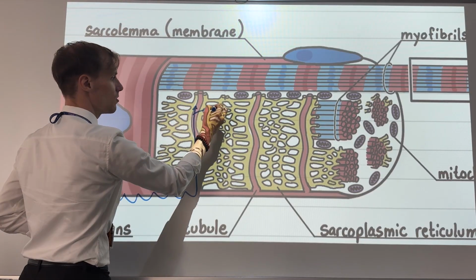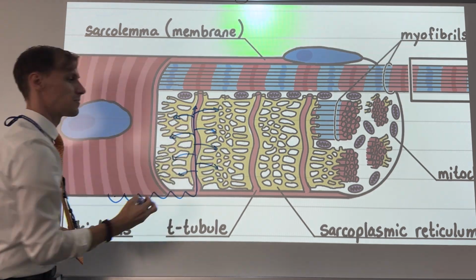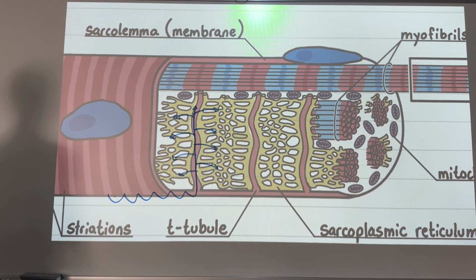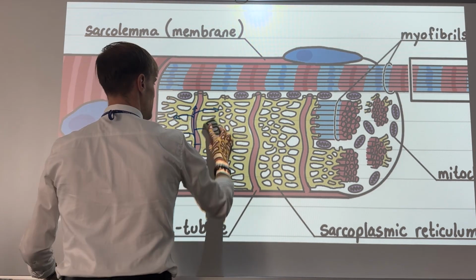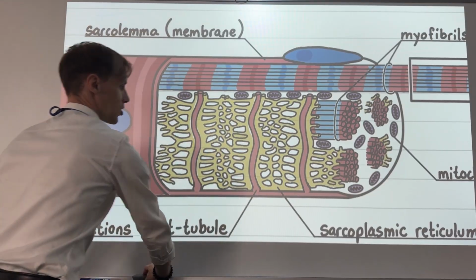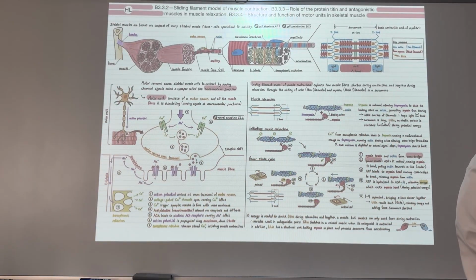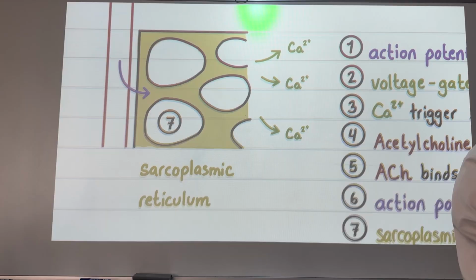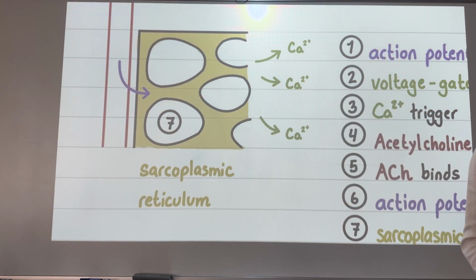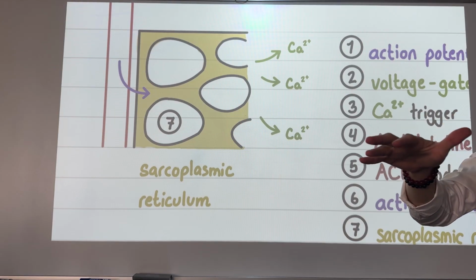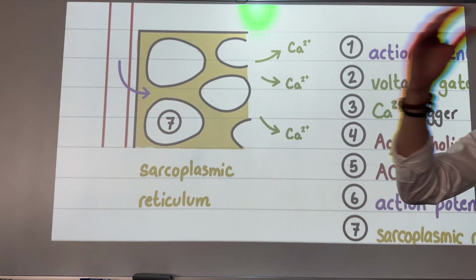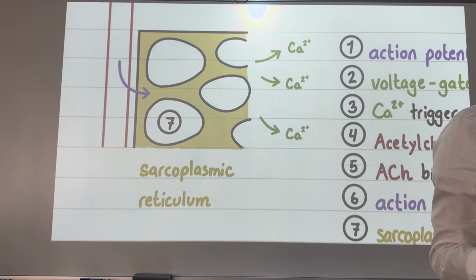And then what's it going to do? It's going to signal the sarcoplasmic reticulum. So this is now going to result in the sarcoplasmic reticulum releasing yet again calcium as a signaling molecule. So now calcium is going to be released from the sarcoplasmic reticulum, and that's what's going to initiate muscle contraction.